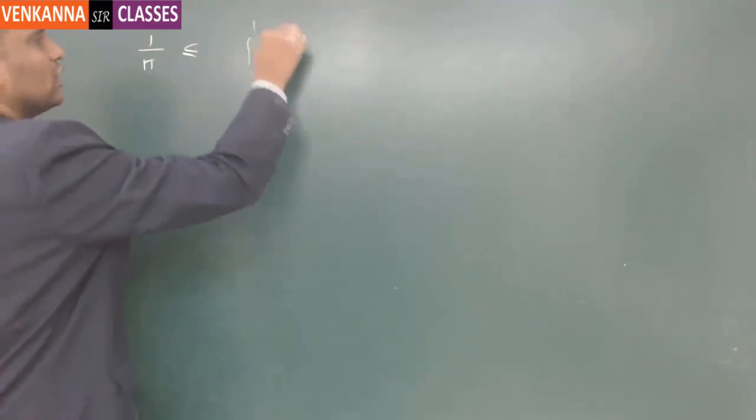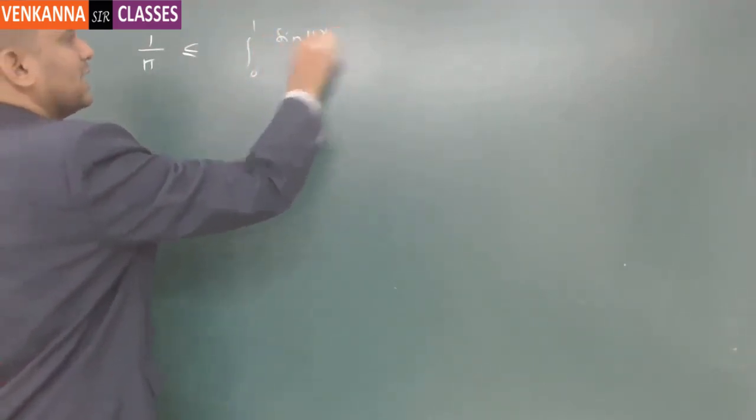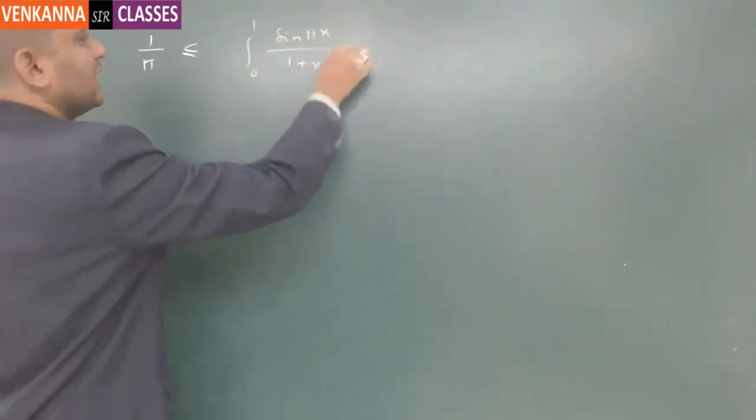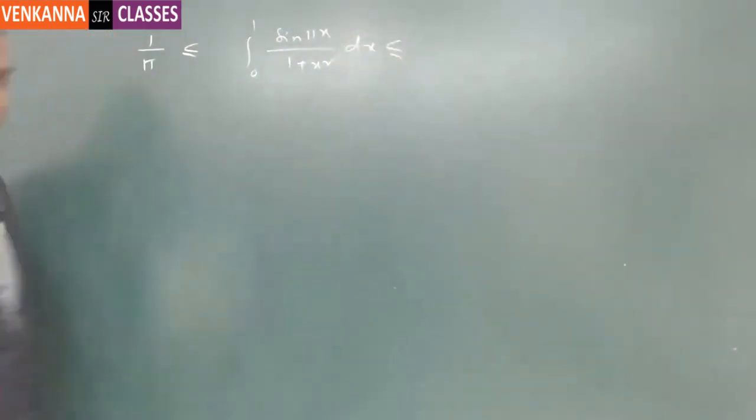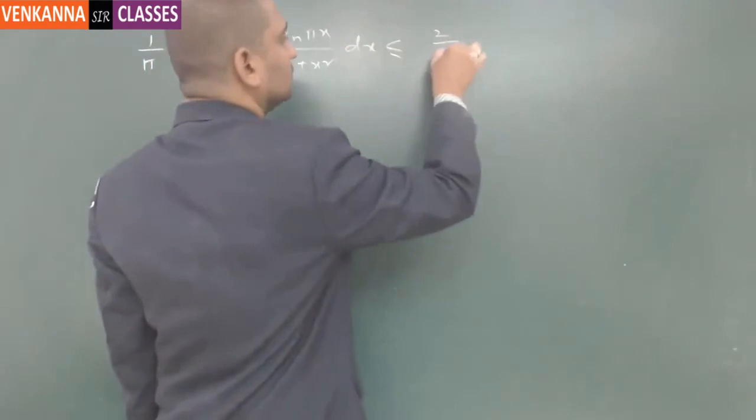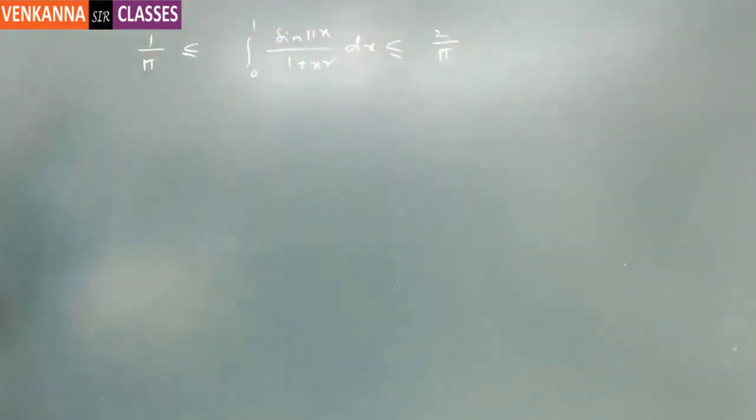Now the problem is: prove that 1 by pi is less than or equal to integral 0 to 1 sin pi x by 1 plus x square dx is less than or equal to 2 by pi. This is the problem.